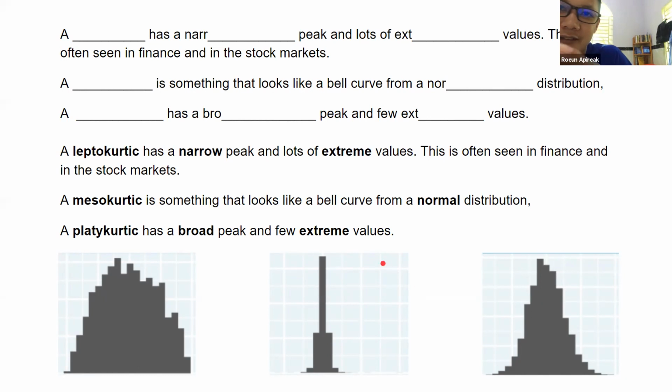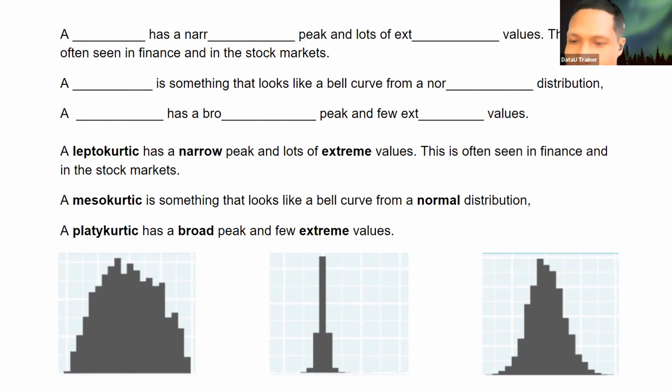As we see in the first question, it has extreme values, and the mesokurtic is the last one. It looks like the bell curve from a normal distribution. And the last one of the question is platykurtic. It has a broad peak and shows extreme values.